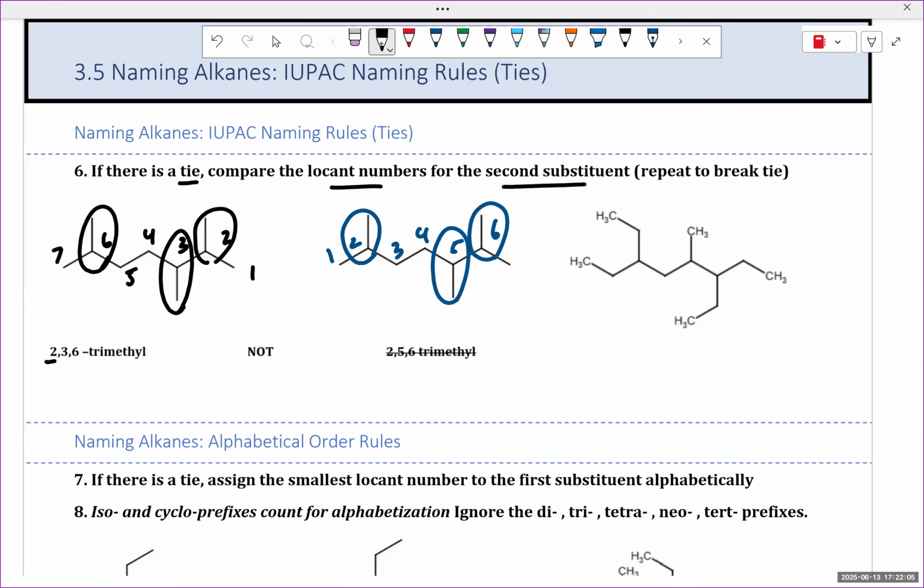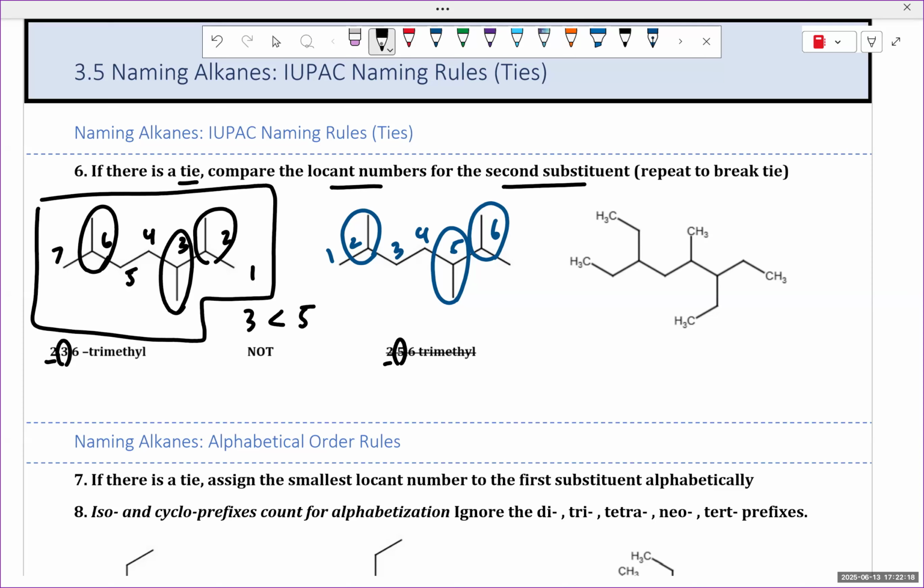So first, 2 and 2, we end up with a tie. Then we compare the next locant number, 3 versus 5. 3 is less than 5. So we're going to use the numbering method on the left because it gives us the smallest locant number for each substituent sequentially. For the first substituents, we see both the methyl groups are with locant number 2.